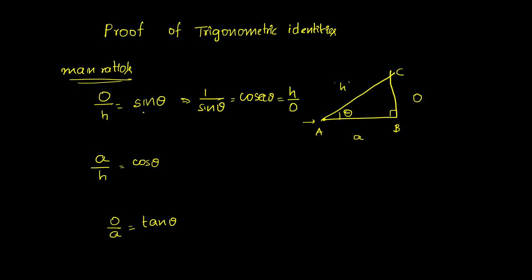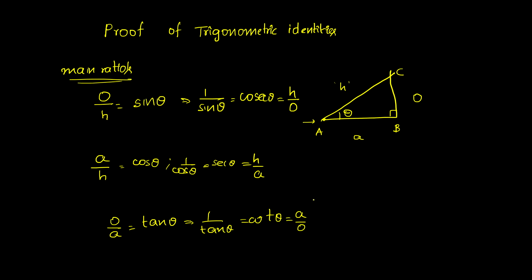Remember, sin theta is opposite by hypotenuse, and its reciprocal cosecant theta is hypotenuse by opposite, H by O. Similarly, the reciprocal of cos theta is secant theta, given as H by A, hypotenuse by adjacent. And in the same fashion, the reciprocal of tan theta is cot theta, given as adjacent by opposite.